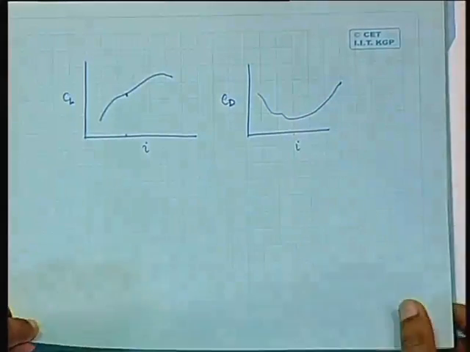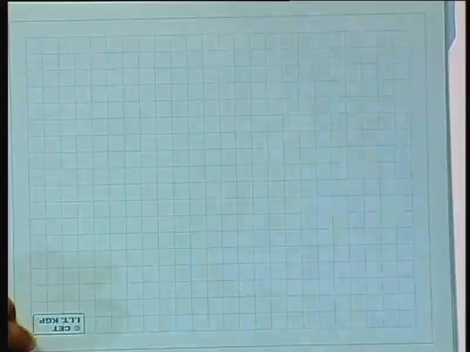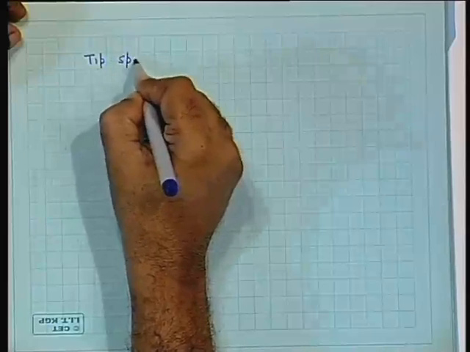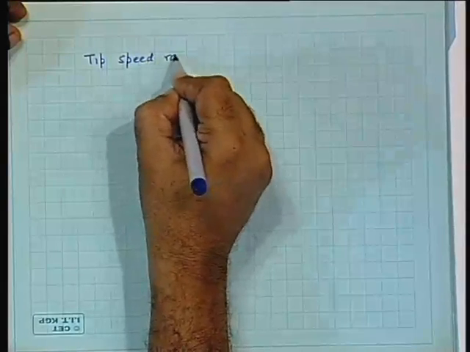So now there are a few very important numbers associated with any wind turbine. One of the important numbers is the tip speed ratio.